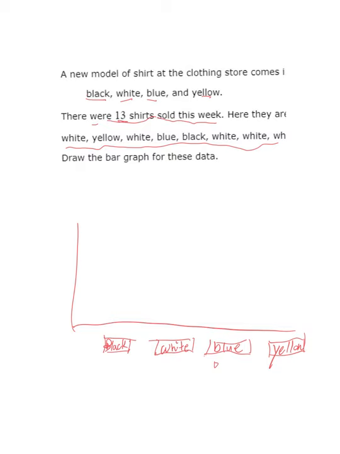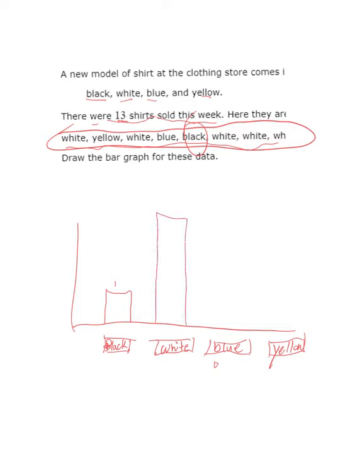And then you'll go through and you'll just count up, how many blacks. Okay, and then you will be able to pull up the bar to the right height. So if you only have 1 black, and let's just say you have 4 or 5 whites, that you pull that up to 4, and then you count the blues, and then you do yellows.